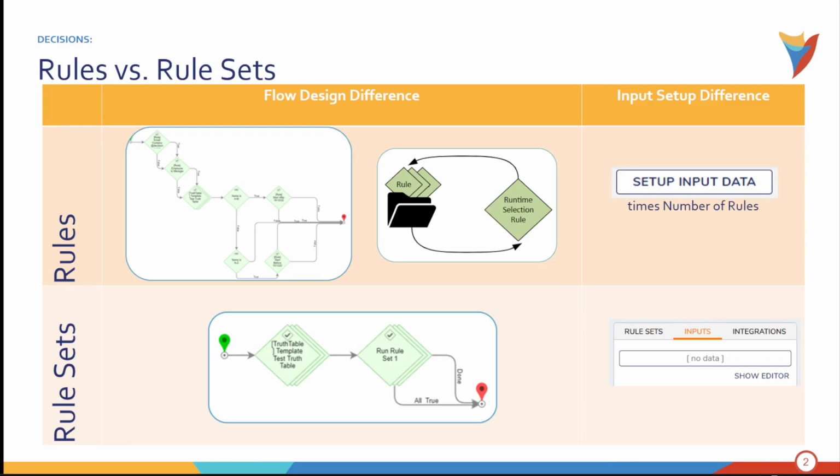You can set the design pattern once and use that. But if you're not familiar with that, then it becomes very tedious to set up your input data on every single rule every time. And if you've got 50 rules, that's obviously not a good option. Rule sets, on the other hand, have one place where you set the inputs, and then all rules on that rule set will utilize those provided inputs.